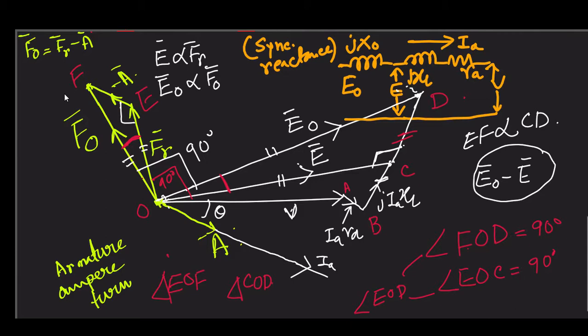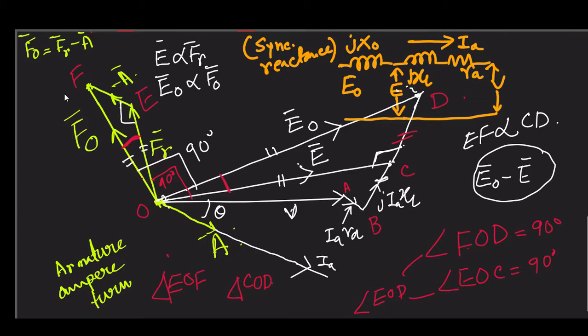Then we analyzed two triangles, OEF and OCD, and found that OCD and OEF are similar by virtue of their construction. As these two are similar, we conclude that EF and CD are magnitude-wise proportional.